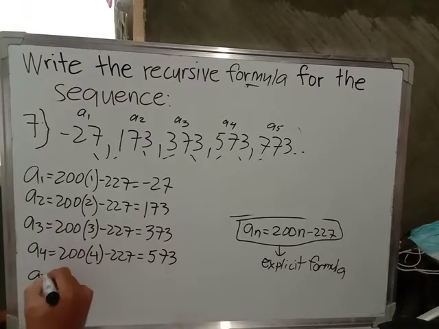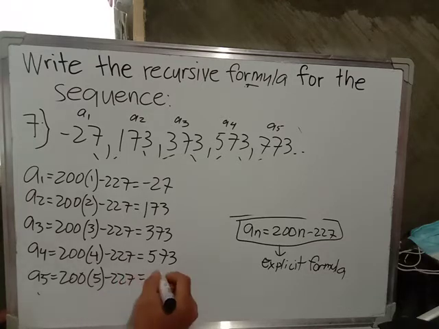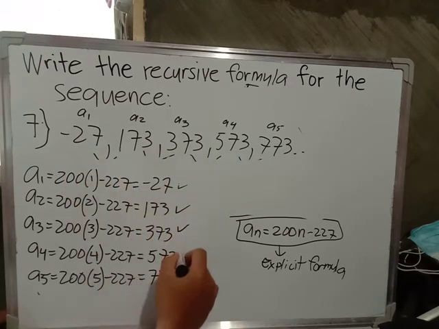Then a5 is equal to 200 times 5 minus 227 is equal to 1000 minus 227 is equal to 773. So a1, a2, a3, a4, a5.